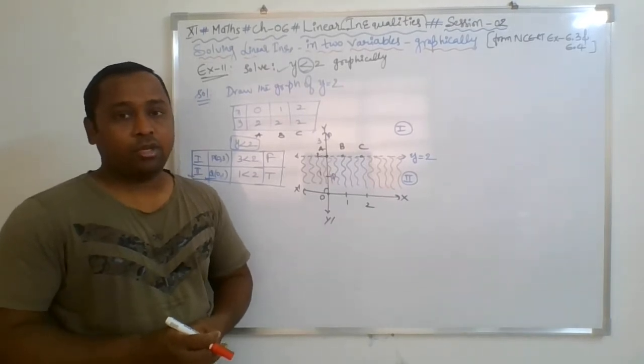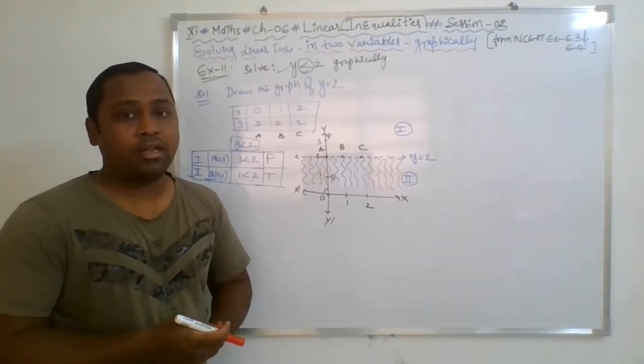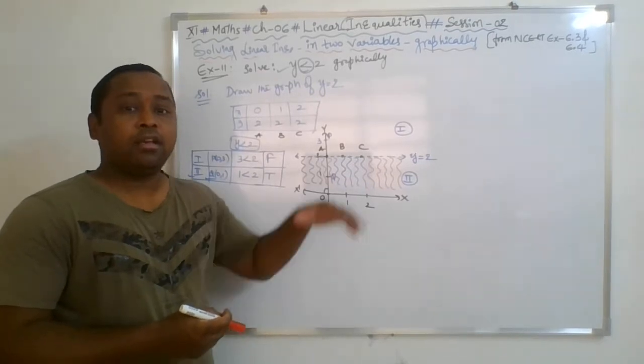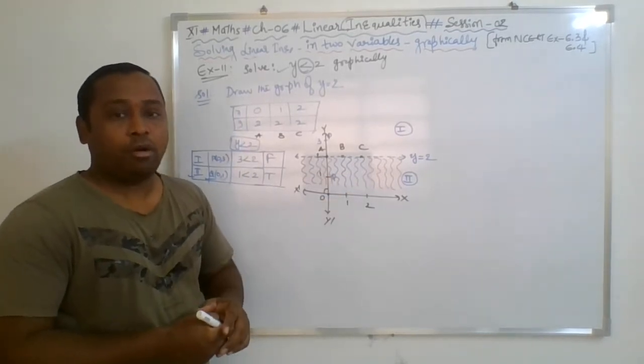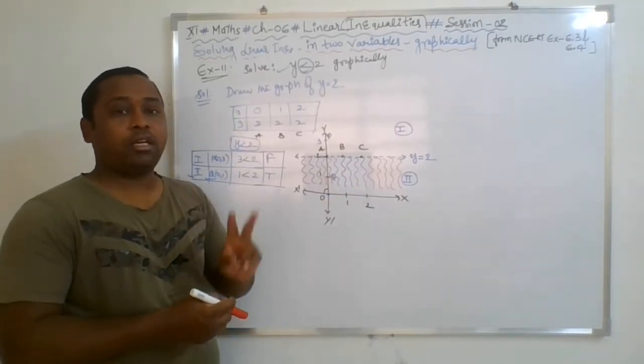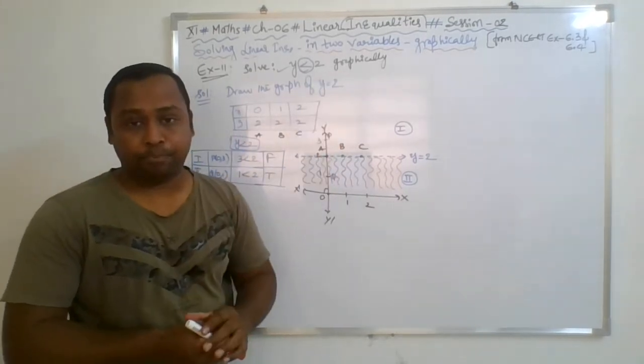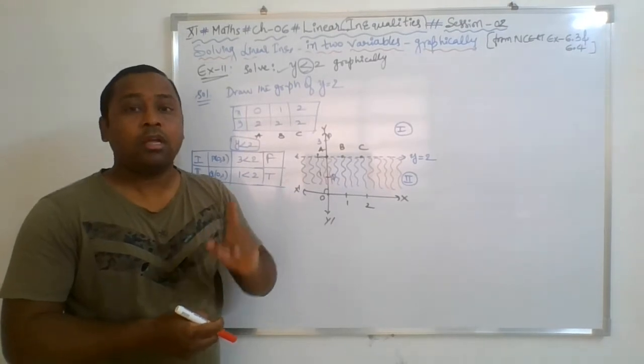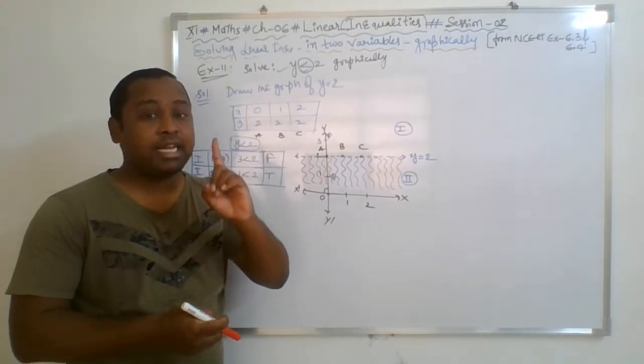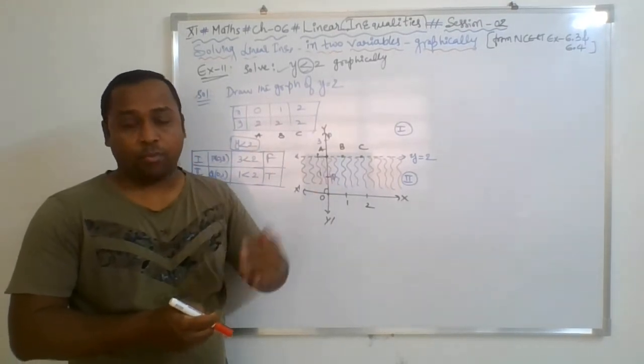I think you will be able to understand how to get the solution region of a linear inequality in two variables graphically. So we have solved one inequality at a time till this topic.